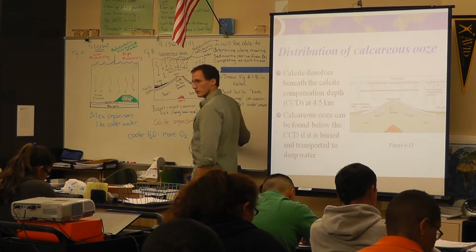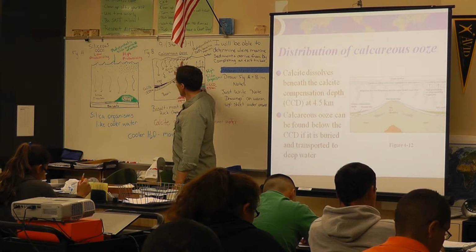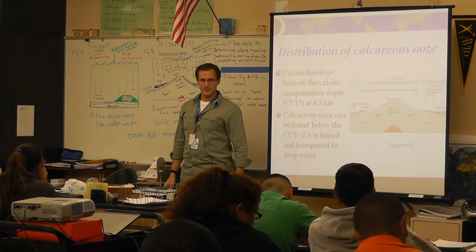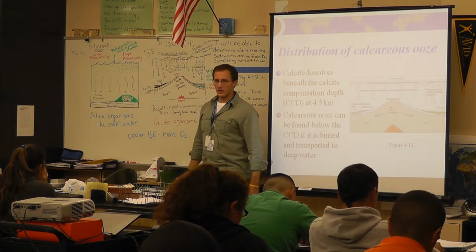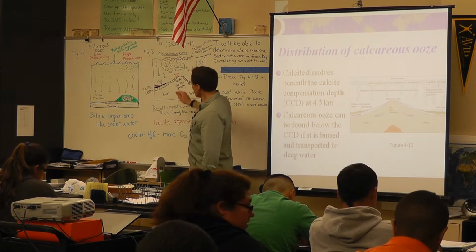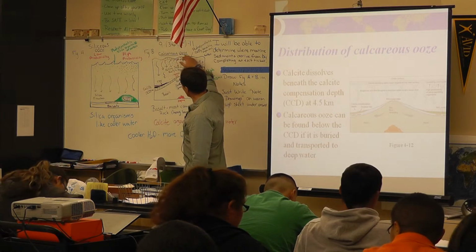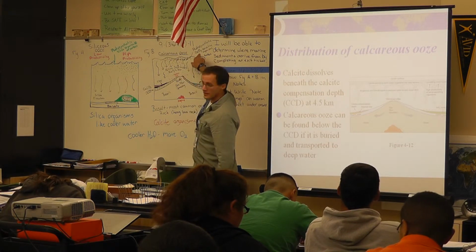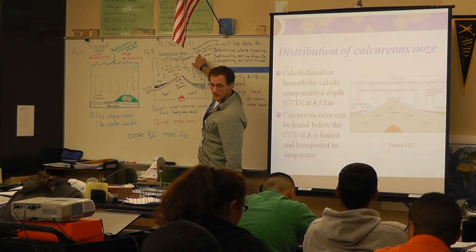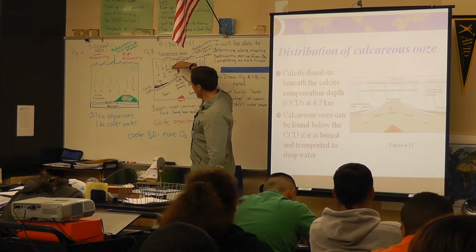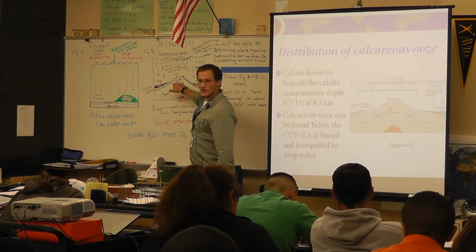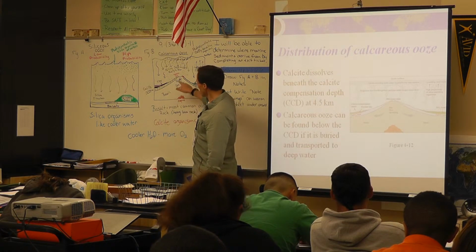So generally, where the water is warmer, you're going to have more calcareous ooze or calcite, because the magma is warming the water up. All right, so let's look at this. I have calcareous ooze. I have photosynthetic calcium carbonate organisms all on the surface. As they fall, they collect on the ridges. They collect on the seafloor.